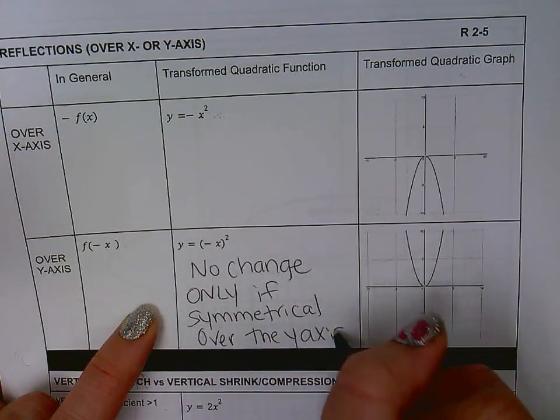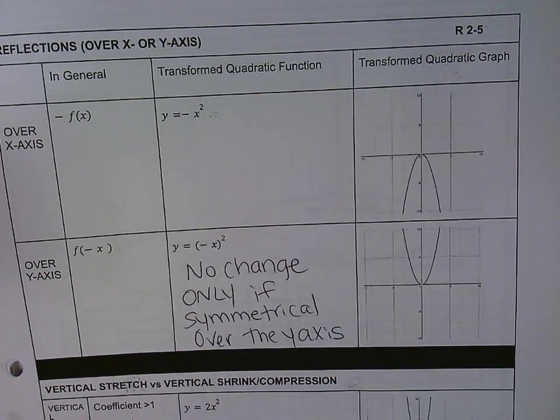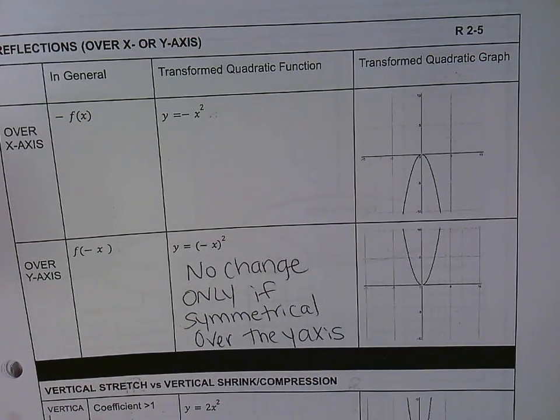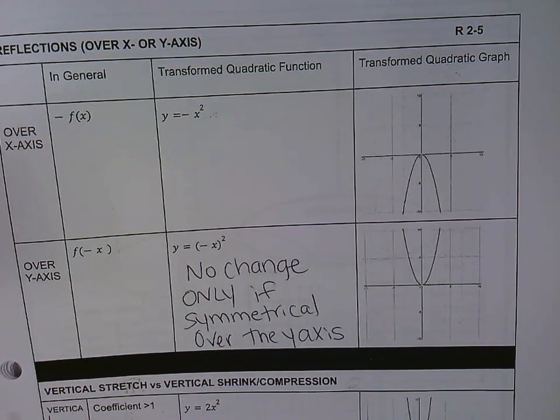So this is on resource page 2-5, but you can add anything you want, anything that makes it clearer for you, because you'll be able to use this on the test. And probably part 1 will ask you some transformation questions without your notes, but it would be nice to have these for part of the test.